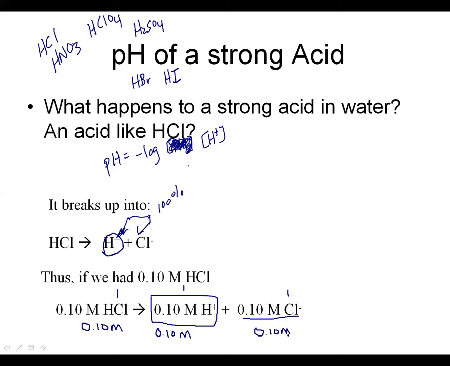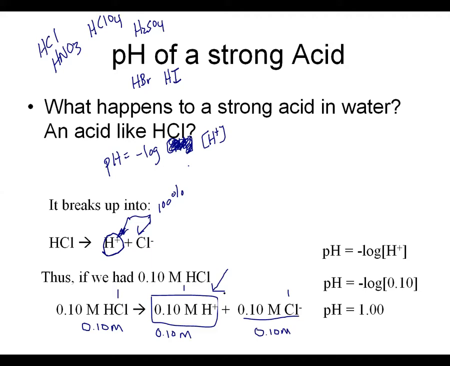Again, not needed here because really pH is all based upon the H plus concentration. So since we know the H plus concentration, after breaking it apart, we essentially can put it into our pH equation, and we will get a pH of 1.00, which is definitely an acidic solution.